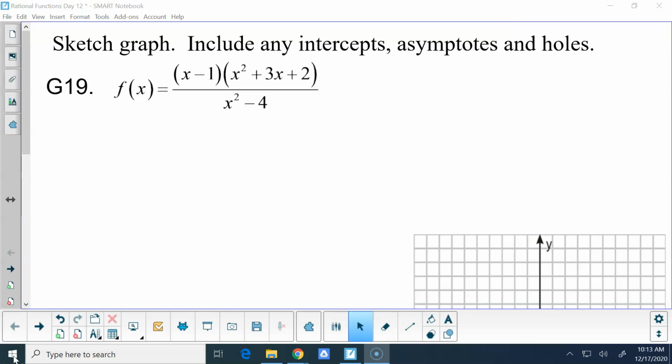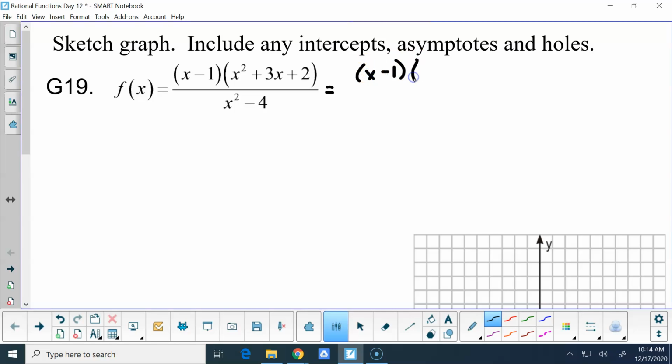Bam. Okay? Step 0. Simplify. So let's simplify. On top, we've got x minus 1 times x squared plus 3x plus 2, that factors to be x plus 2 and x plus 1.